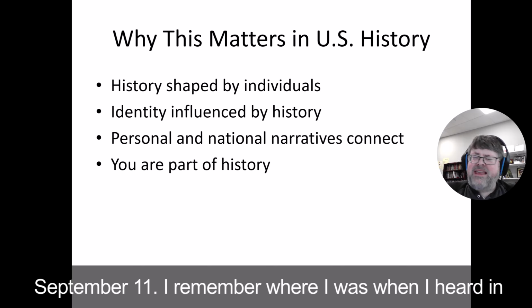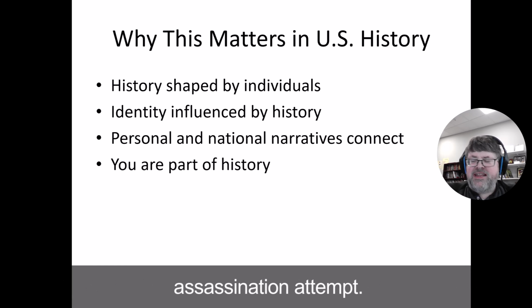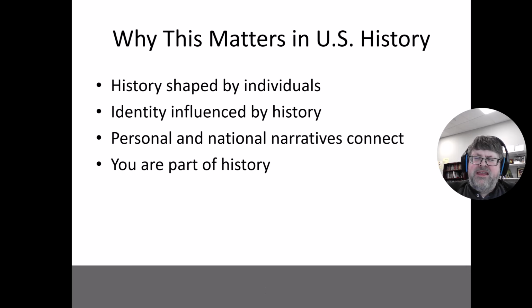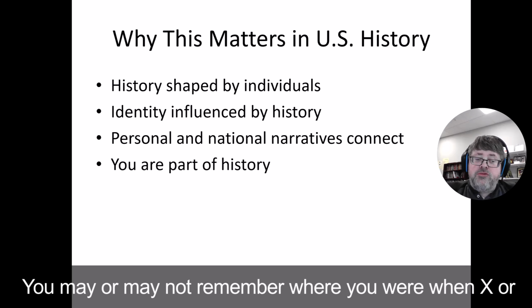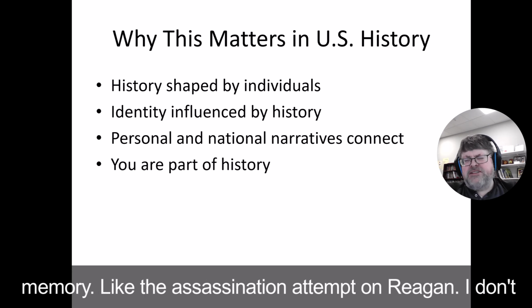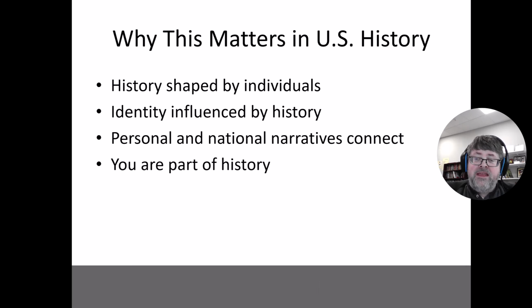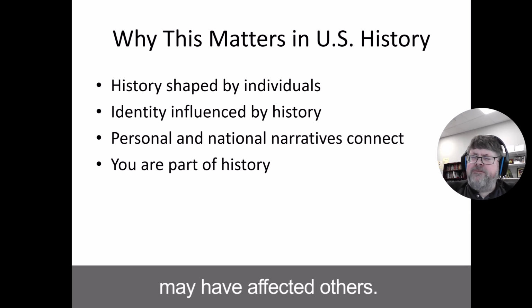I remember where I was when I heard in the 1980s that Reagan had been shot and there had been an assassination attempt. You may or may not remember where you were when X or Y or Z happened, and sometimes that's just a memory. Like the assassination attempt on Reagan, I don't think it affected my personal identity, but it may have affected others. So we are all part of history.